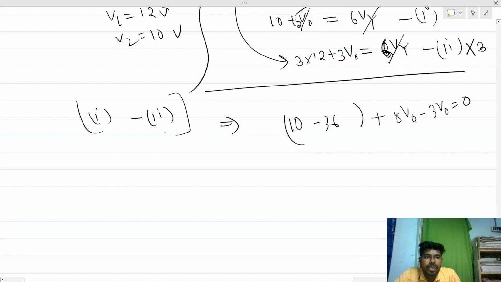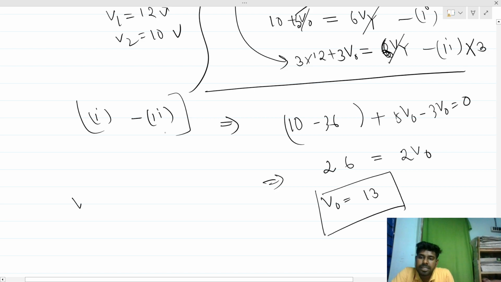Now we can see 26 will be equal to 2 V out, so V out will be 13 volt. Okay, so V out will be 13 volt.